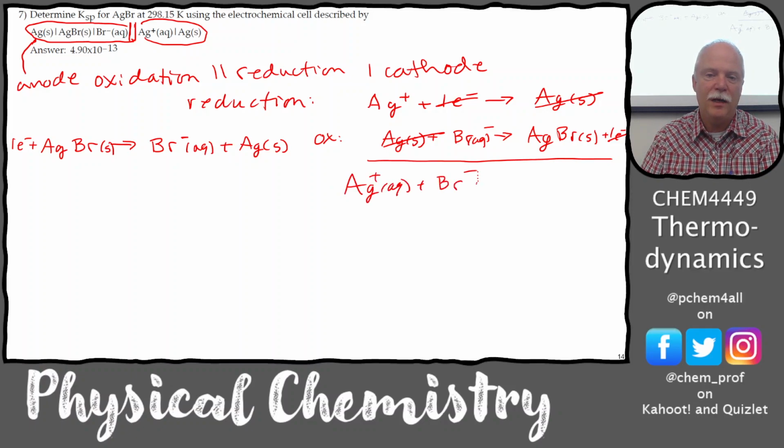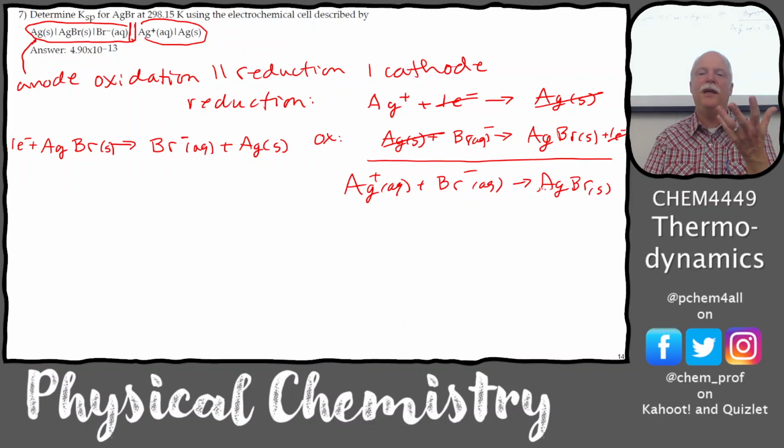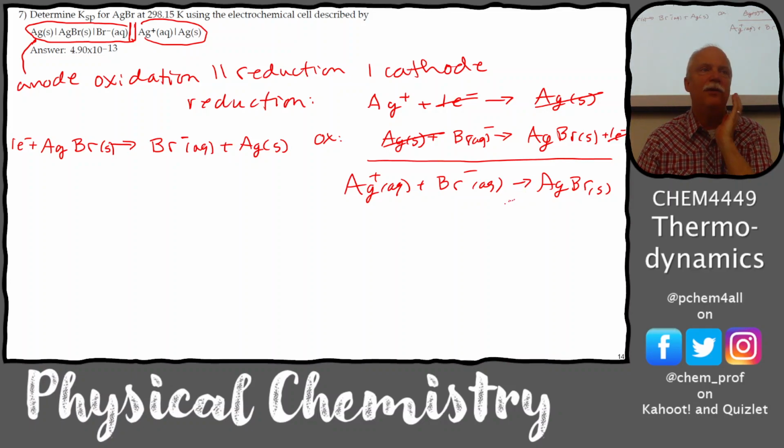plus Br minus aqueous, giving AgBr. Which is our KSP type solubility problem, backwards. So if we can get the equilibrium constant for this, if we reverse this reaction, it's 1 over that equilibrium constant.